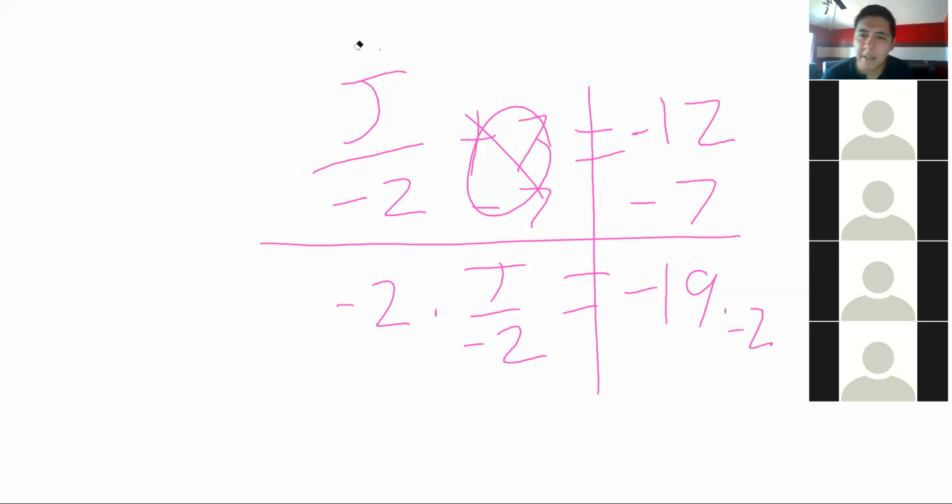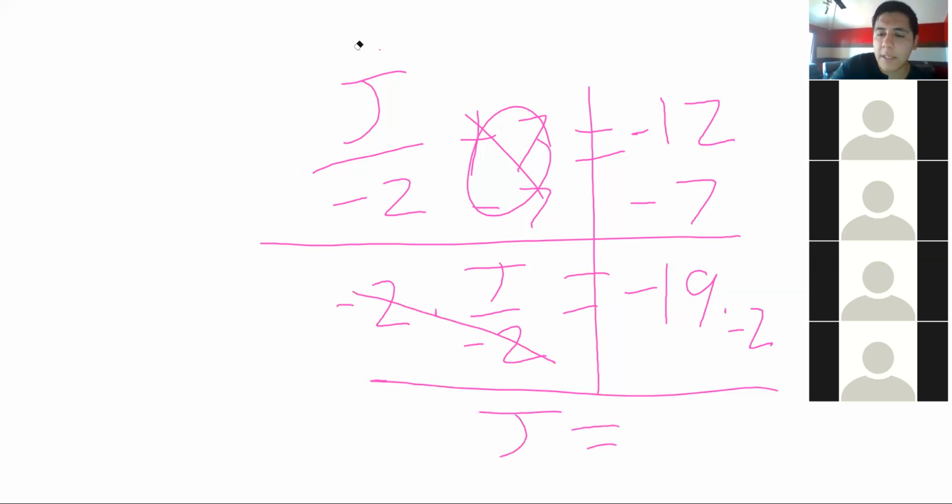Since I always say our last step is almost always divide, in this case, it's actually not. So we actually multiply. Notice that's just saying j divided by negative 2. So if we're working backwards, we're going to multiply by negative 2. So j is equal to negative 19 times negative 2, positive 38.